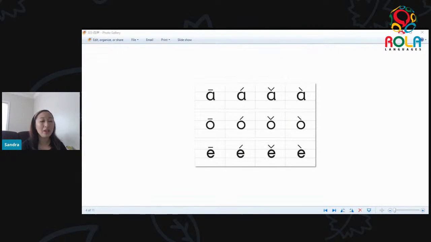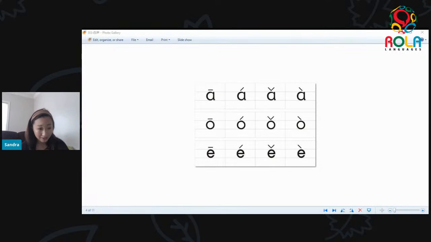The third tone is called the falling rising tone. It's a little bit tricky. So the hand actually helps, huh? And now we come to the fourth tone.